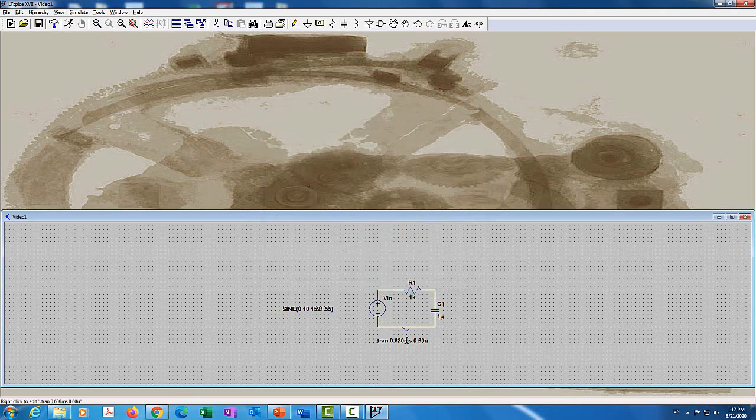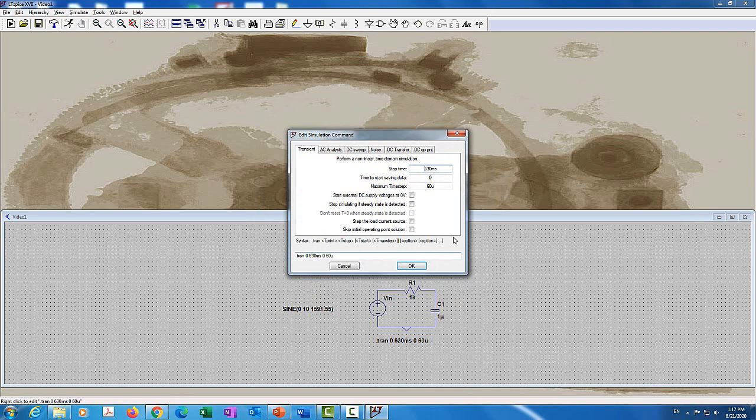And then I'm going to come to the simulation and change it to run for 6.3 millisecond, and the step size to 0.6 microsecond, because now I made the frequency 10 times faster. I don't need to simulate for a longer time.